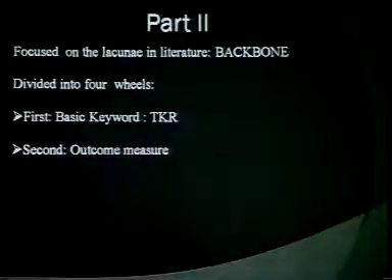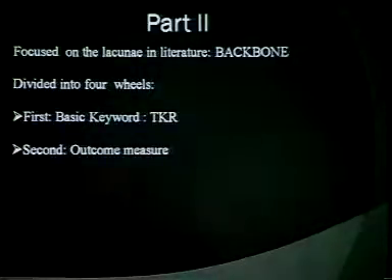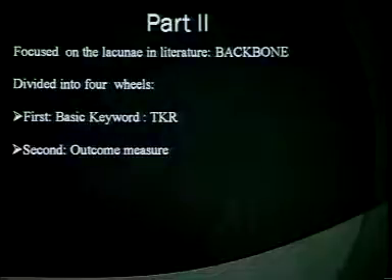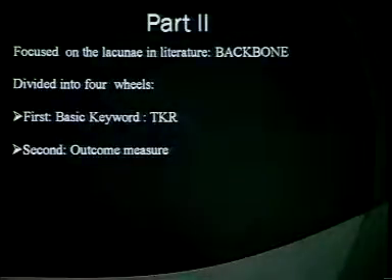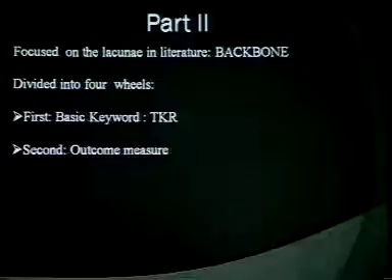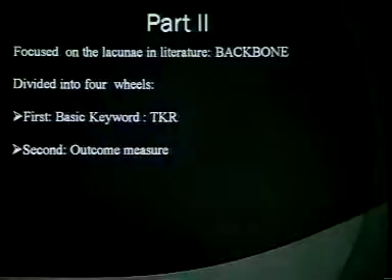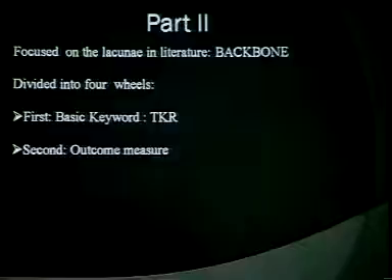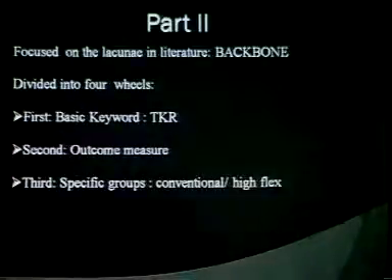Generally, the protocol followed is the PICO protocol, that is population, intervention, control and outcome measure. But for thesis writing, we take the broadest one, the population first, and club it with the outcome measure. So second, both the population and the outcome measure are clubbed together, and then we go to specifics.